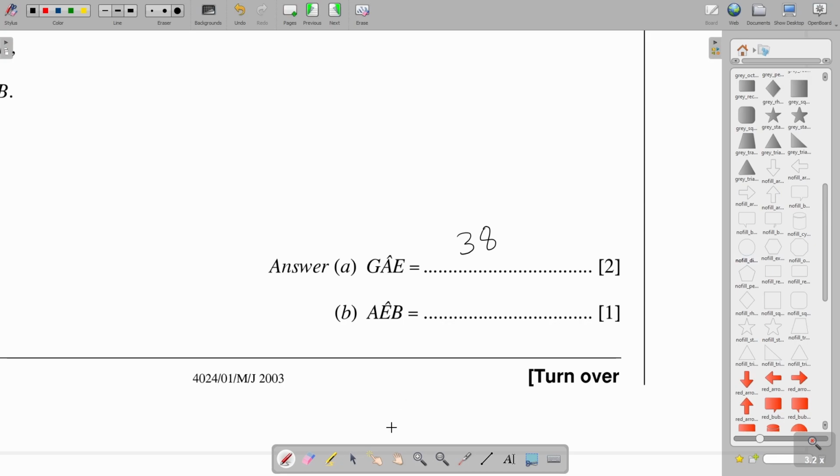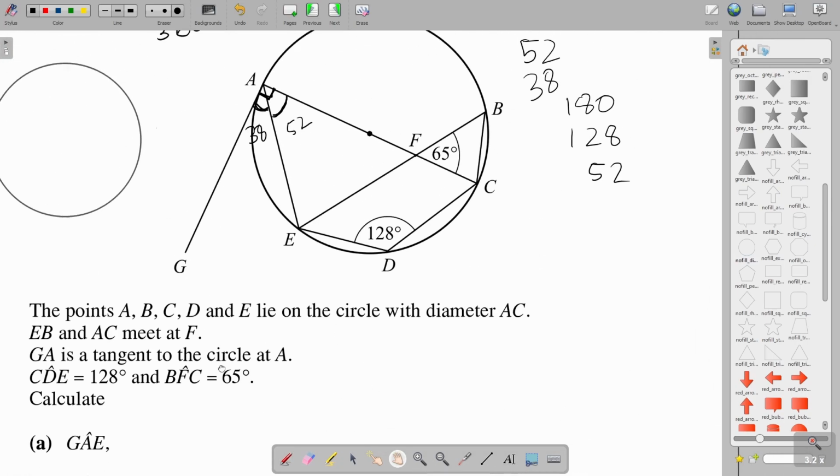This is 38. Okay, and now we need to find AEB. To find AEB, we need to find this one. Well, we know that this will be the same as 65, right? It would be 65 times 2, 360, and then divided by 2.